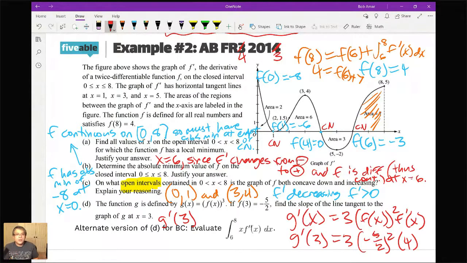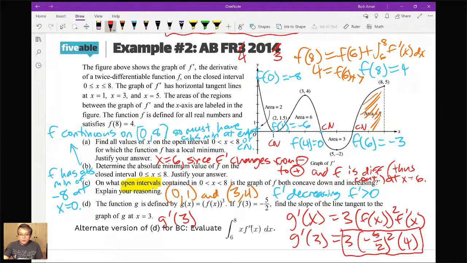And again, you can just stop. You don't have to simplify this. You would get 75, because you would get 25 over 4 inside the squared, and then it would be 3 times 25 over 4 times 4. So you would get 75. But you can just stop here and be done. Okay.